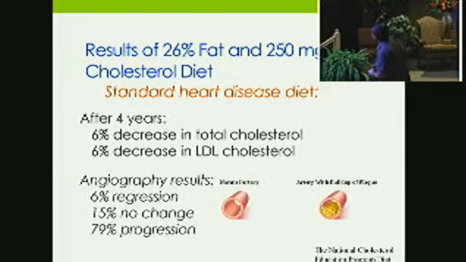So here are some results of the different diets. We saw where if you had a 26% fat, 250 milligram cholesterol diet, after 5 years, you'd have a 6% decrease in your total cholesterol. And your angiography results, that's the amount of buildup or arteriosclerosis, showed these numbers: 6% regression, 15% no change, but 79% progression.